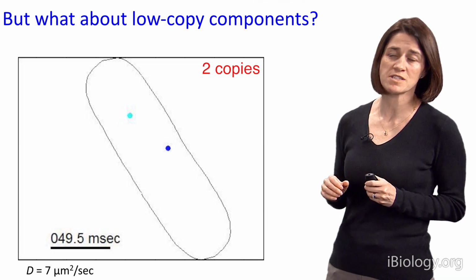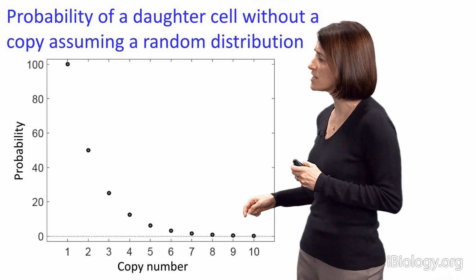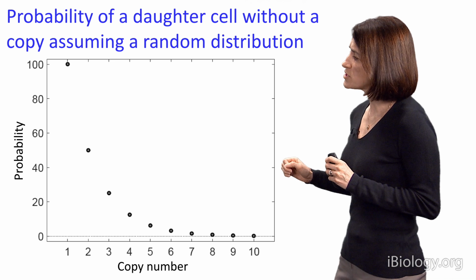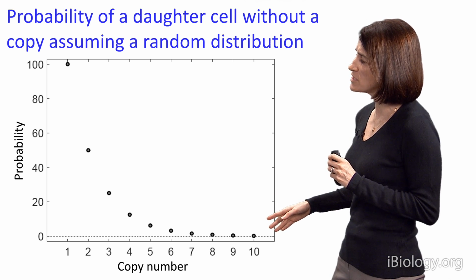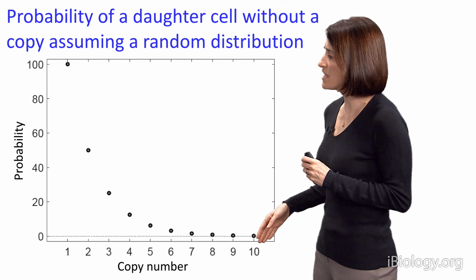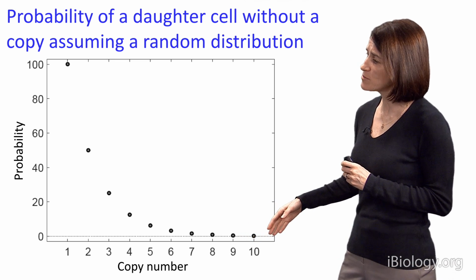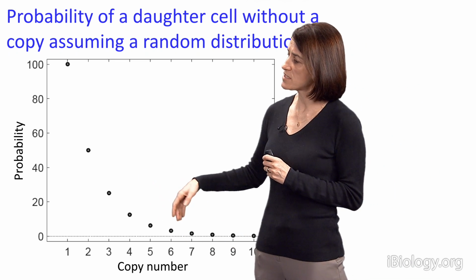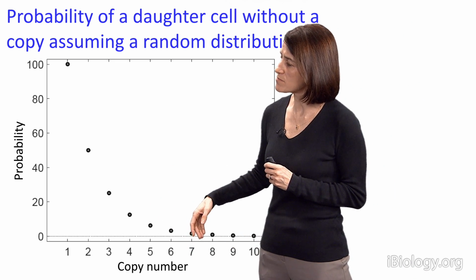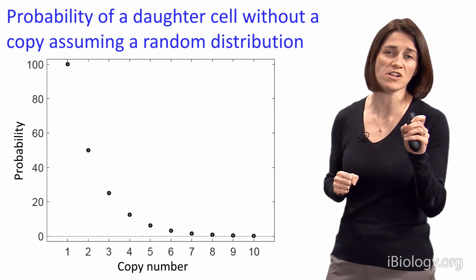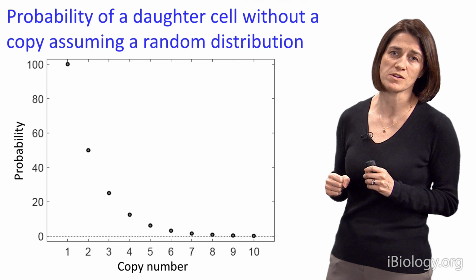You can do a very simple calculation, which is what we did here, to show that random distribution, for components that are in copy number of 10 or less, there's going to be a significant probability, and this probability is going to increase as the copy number decreases, that one of the daughter cells is not going to get any copy of that component.